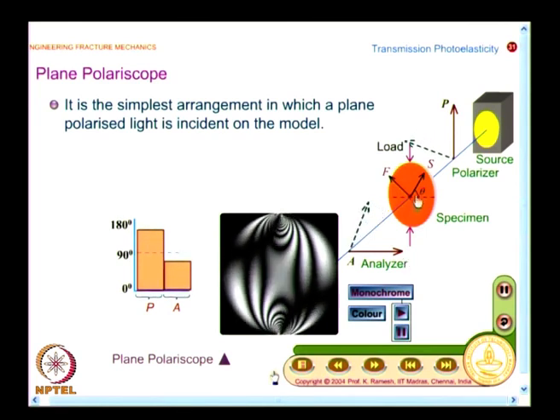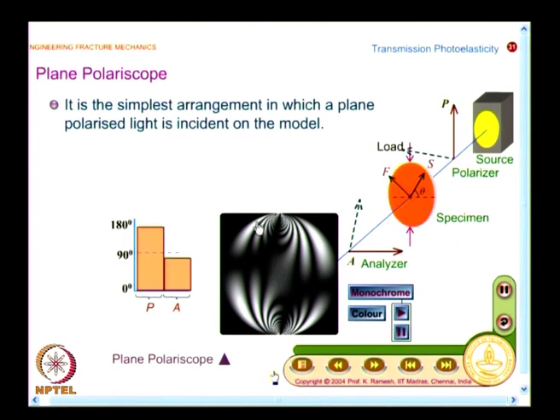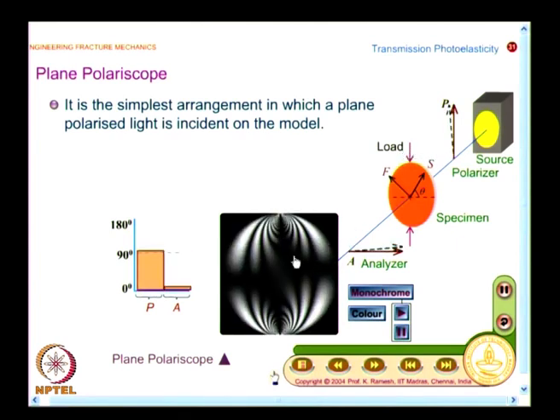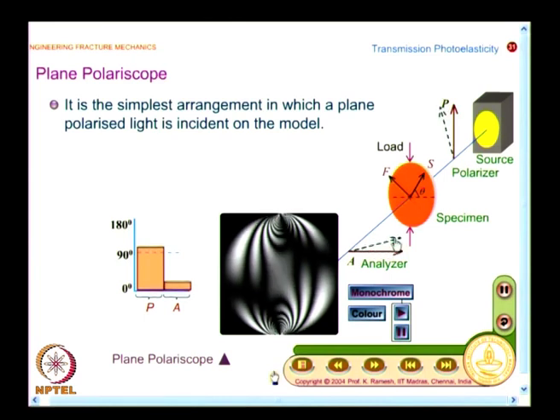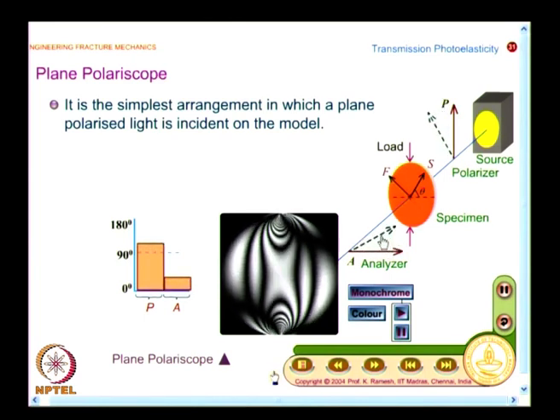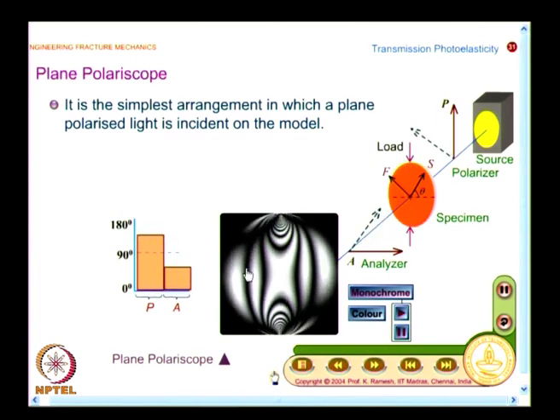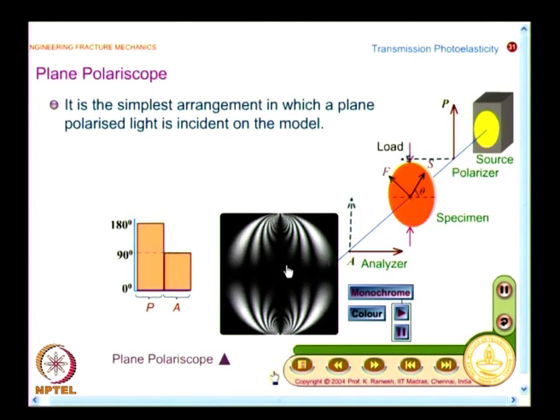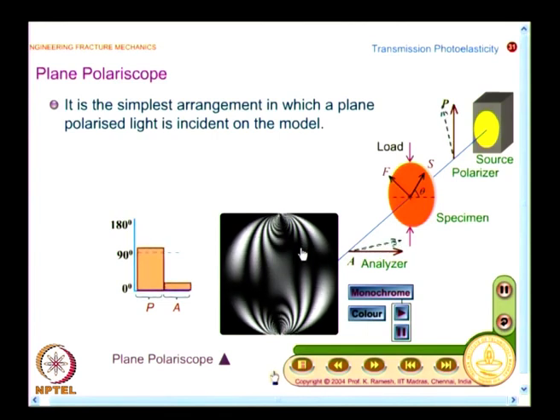In general in a plane polariscope, you would see two fringe contours. One fringe contour moves as the crossed polarizer and analyzer positions are moved, and you have another contour which is stationary. We also looked at what happens if I increase the load: the stationary contours will move because they are an effect of the load applied.